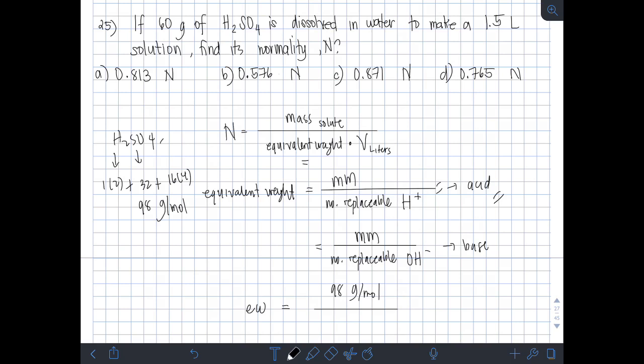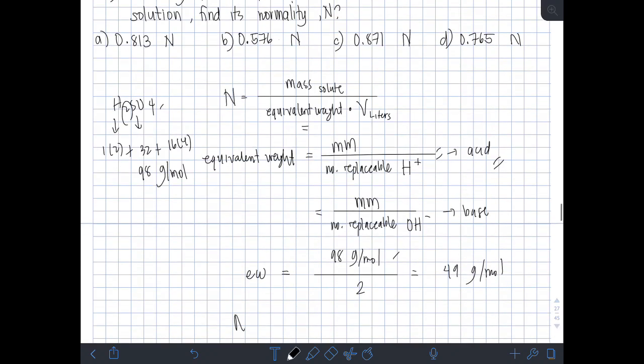We divide 98 grams per mole by the number of replaceable hydrogen ions. If you notice, we have 2 replaceable hydrogen ions in H2SO4, so we divide the molar mass by 2. That gives 98 divided by 2, or 49 grams per mole.